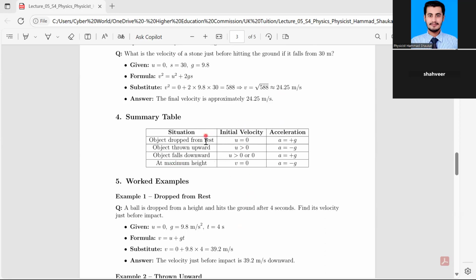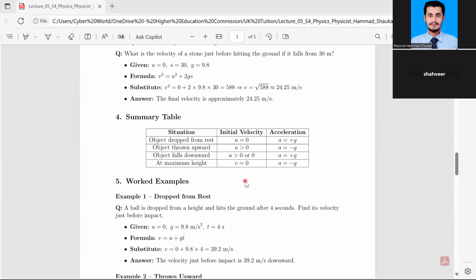So this is the table which I already told you. If your object drops from rest, you have to use initial velocity 0. If your object is thrown upward, then your velocity must be positive. If your object is downward, this means again positive, or you can say 0. But at the very maximum highest point, your final velocity would be zero.